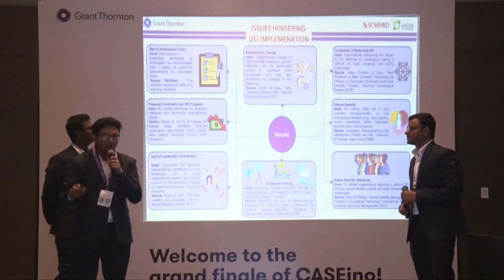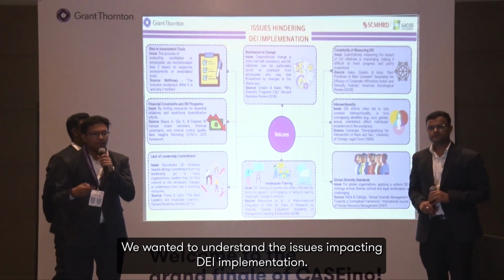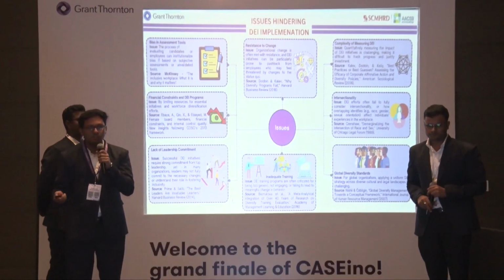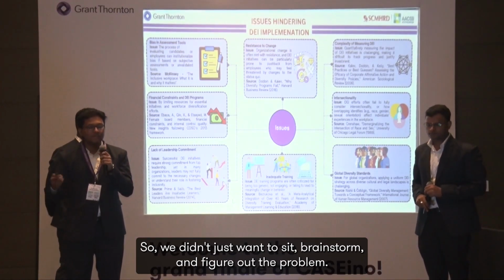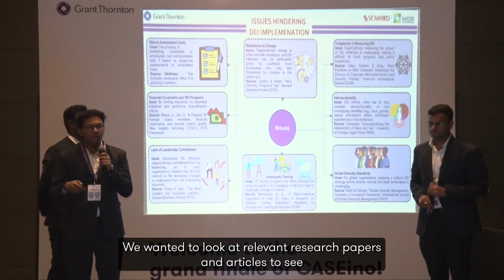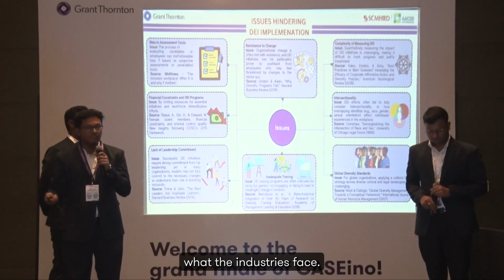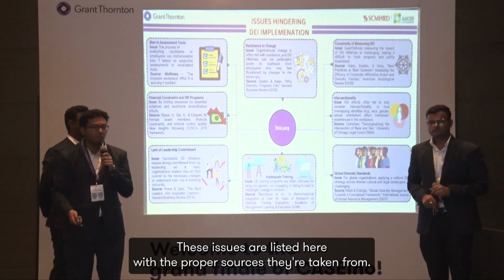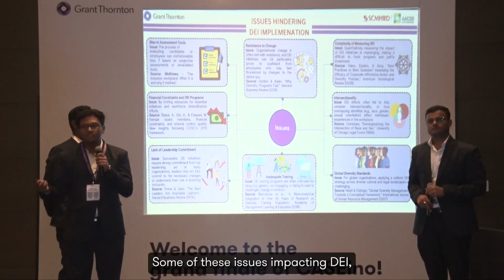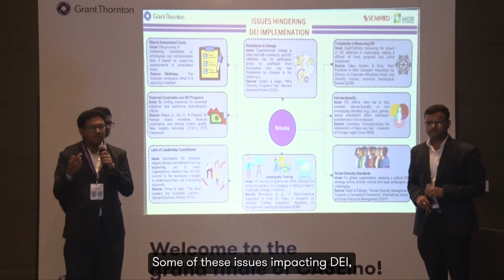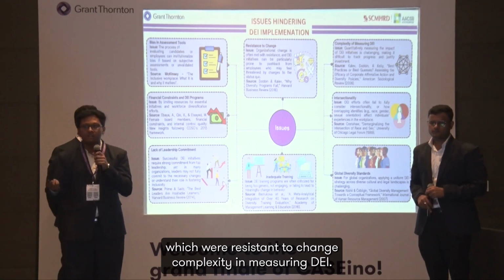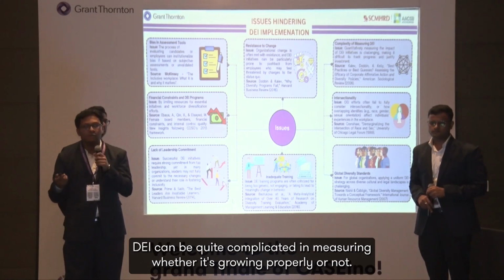And so again, we wanted to understand what are the issues that are impacting DI implementation. We didn't just want to sit and brainstorm to figure out the issues, so we looked at relevant research papers and articles to see what the industry is facing. And these issues are listed here with the proper sources where they're taken from. Some of the issues impacting DI were resistance to change and complexity in measuring DI. DI can be quite complicated to measure, whether it's going properly or not.